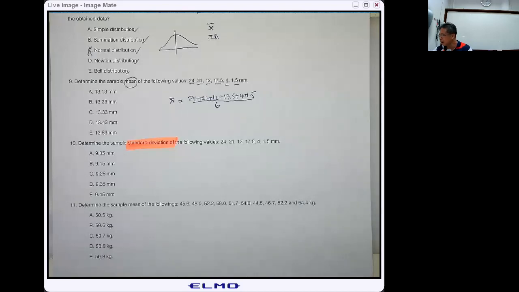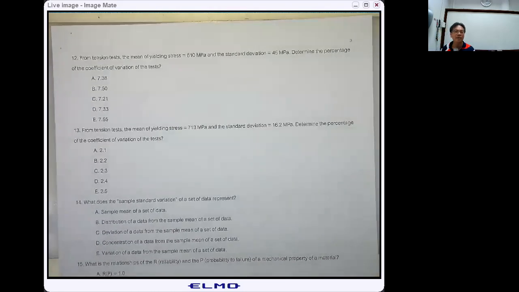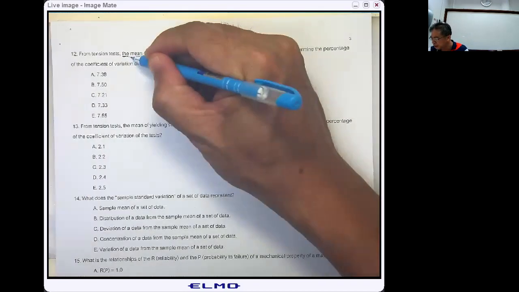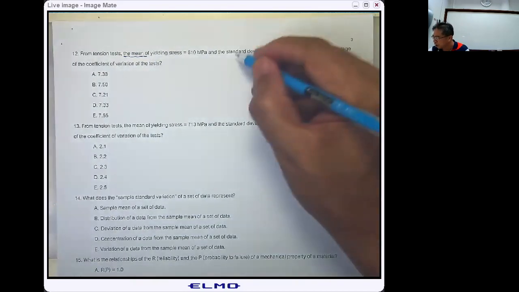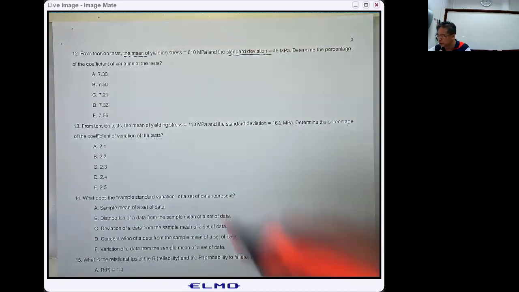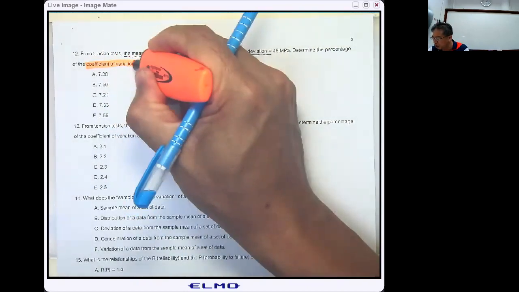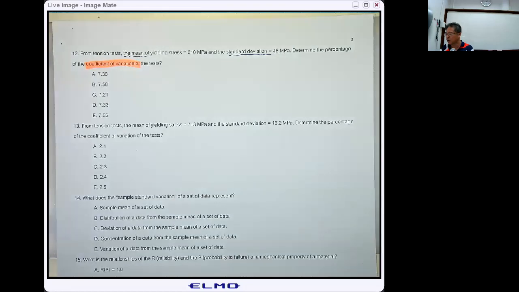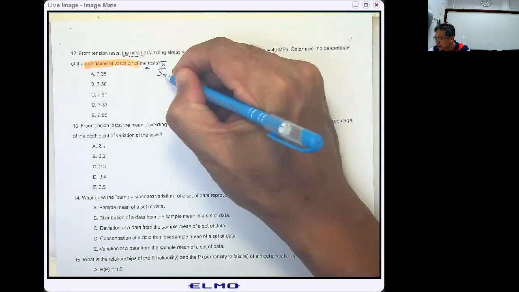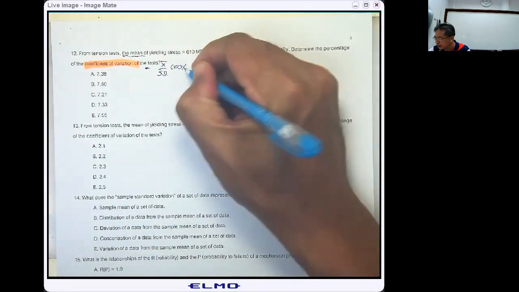Next, let me come to problem number 12. On problem number 12, not only do we compute the mean of the yielding stress and the standard deviation, we also have another thing that we have to compute, which is the coefficient of variation. The coefficient of variation is going to be the x bar divided by the SD and times 100%.